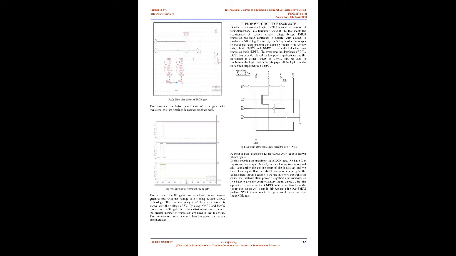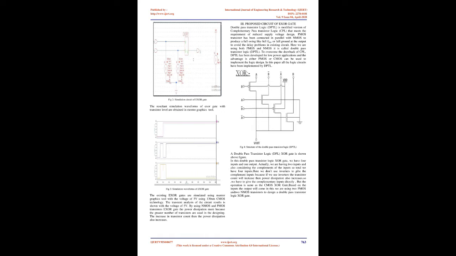CMOS, complementary metal oxide semiconductor, as a switch must be conducting to allow current flow between source and drain terminals. In CMOS logic, the input is applied to the P-type transistor from the voltage source, and similarly, the input is applied to the N-type transistor from ground.